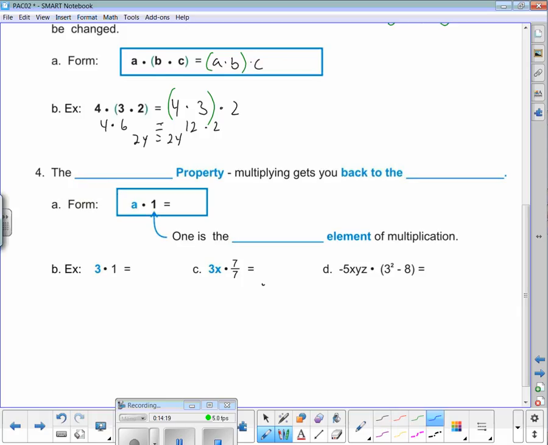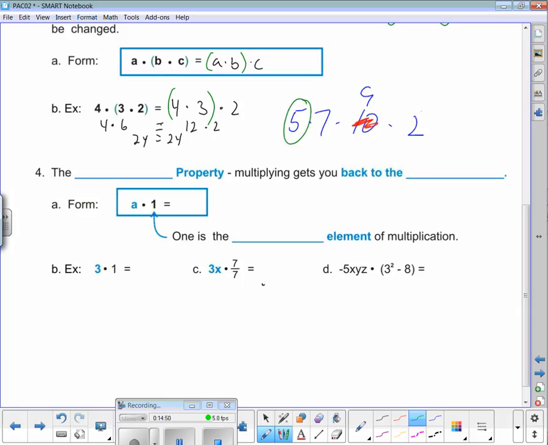Here's a simplistic example of this. I don't think you need to write it, but here's a practical application. Let's suppose you had something like this: 5 times 7 times 10 times 2. That's maybe not the best example. That 10 is too easy. Let's get rid of that 10. Let's go 5 times 7 times 9 times 2.